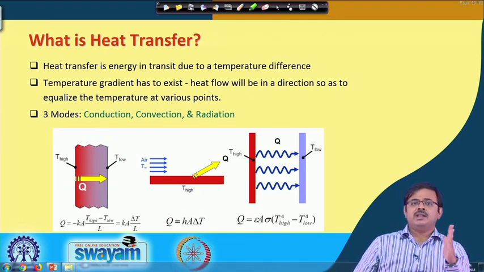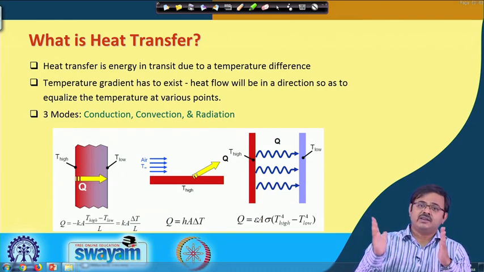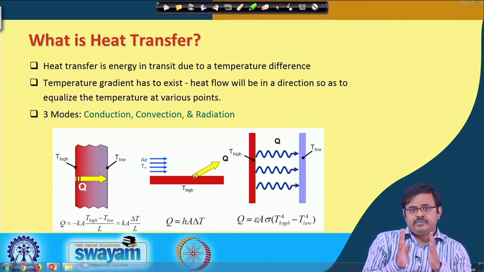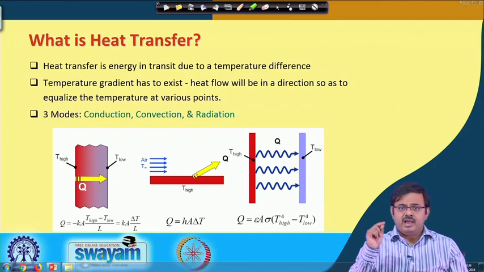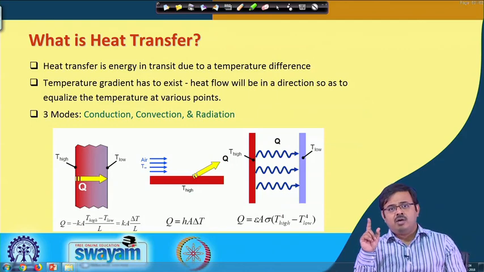Now, similarly, if you have another surface which is at a different temperature, that also emits radiation, okay. And that emitted radiation is going to be proportional to the fourth power of the absolute temperature of this second surface.